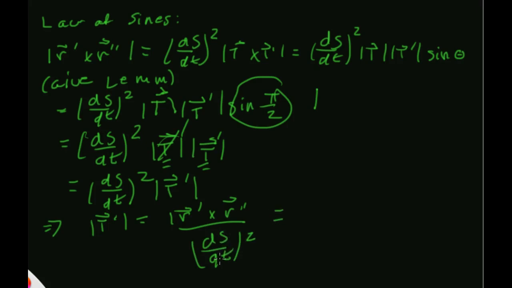But we know that ds/dt from earlier work is able to be simplified, so that's going to be r prime cross r double prime over r prime squared, right? That's from the fundamental theorem of calculus, and we're almost at the last step here.